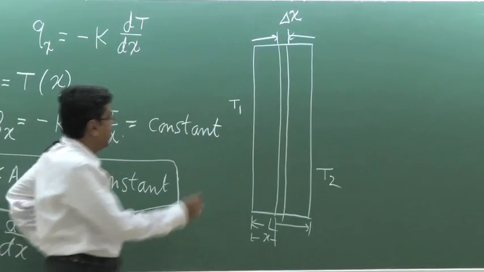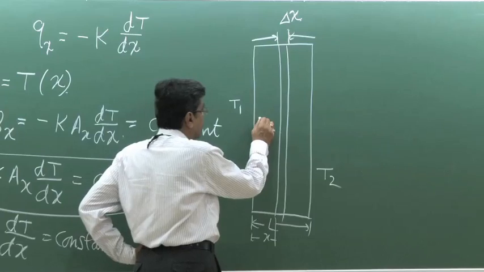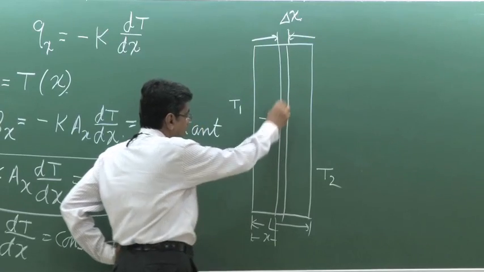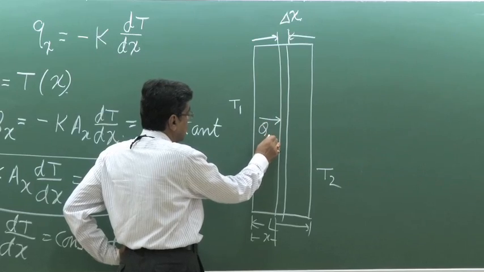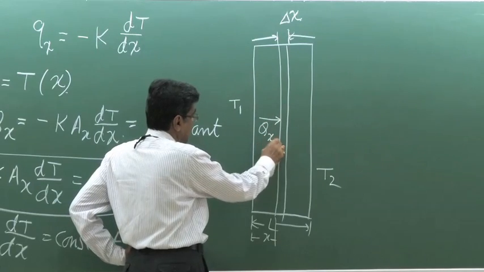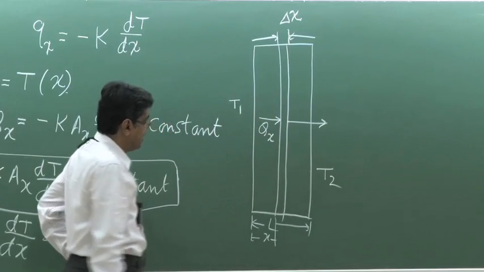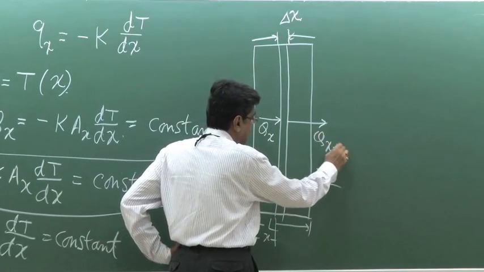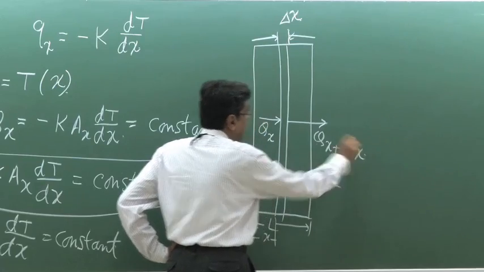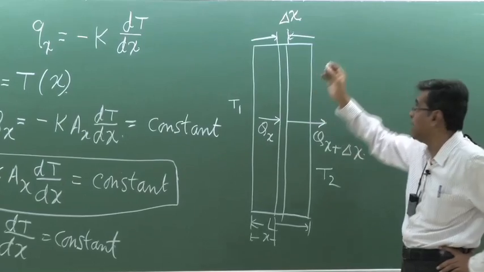This is the simplest way of looking into it: if the total heat flux at the left side of this elemental volume is Qx, and I designate the heat out from the right face at x plus delta x as Qx plus delta x, then I can write the same thing in a different way.